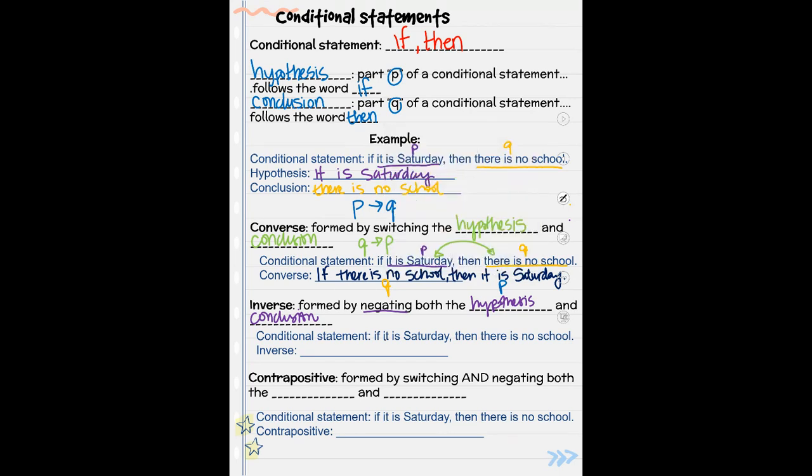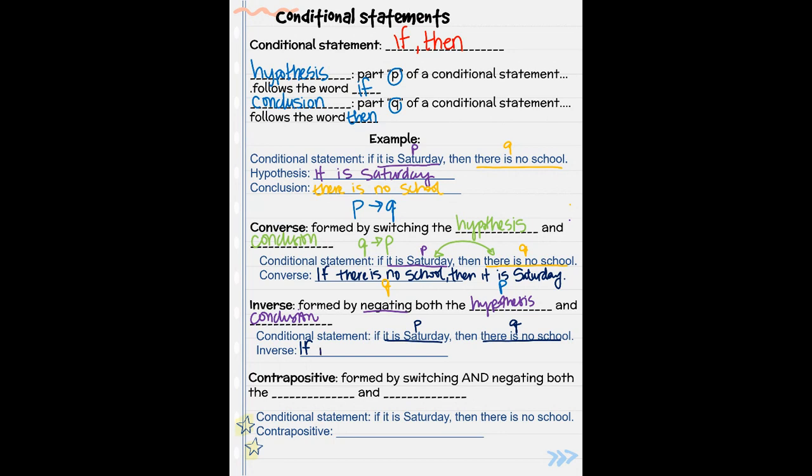Here's our hypothesis, our P, here's our conclusion, our Q. We're going to negate these. Right now it is Saturday.